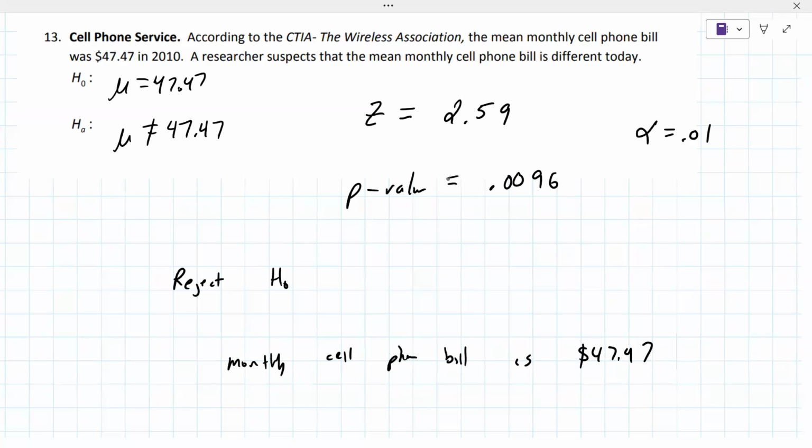Is that a type 1 or a type 2 error? Type 1, I believe. It is a type 1 error. Yes. Okay. Any questions, thoughts on that? No, I think I understand it better now.